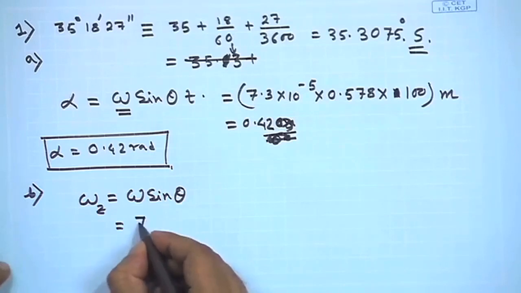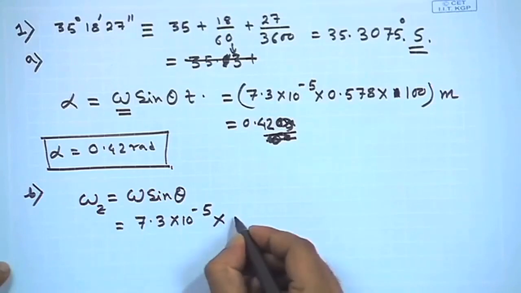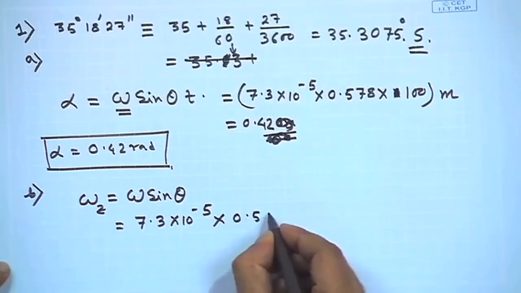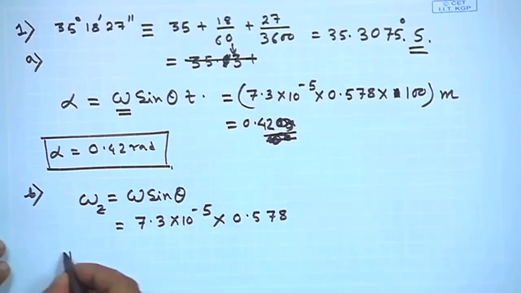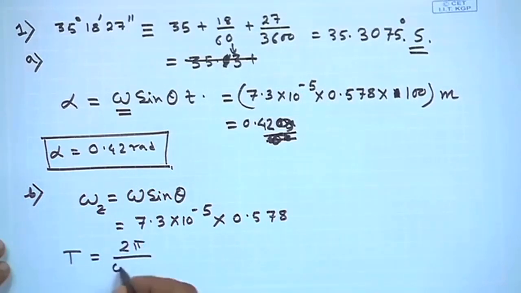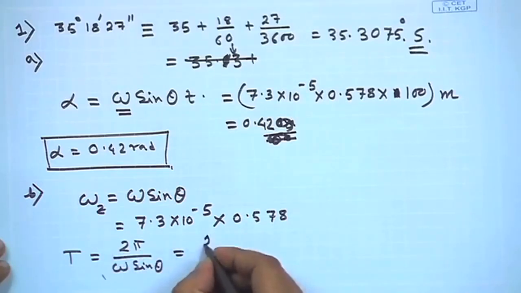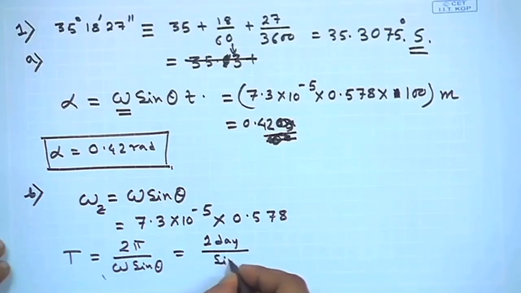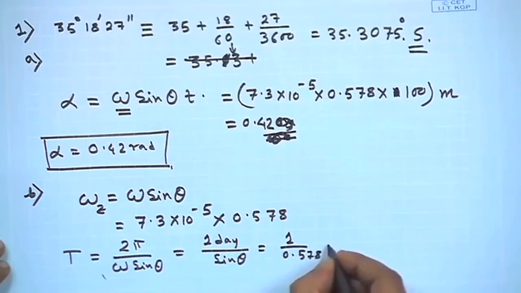We multiply 7.3 into 10 to the power minus 5, which is omega, with 0.578. Now, if I want to calculate the time period T, it is given by 2 pi by omega sin theta. Recall that 2 pi by omega is 1 day essentially. So, it will be 1 day divided by sin theta, which is 1 divided by 0.578.